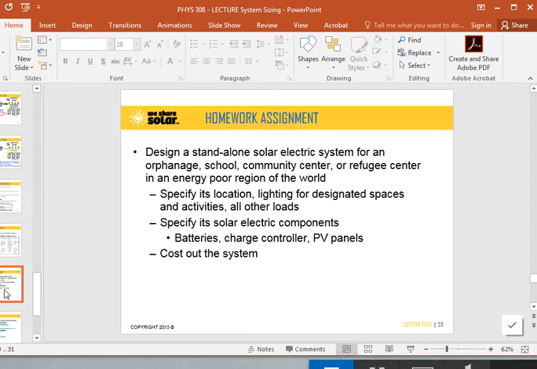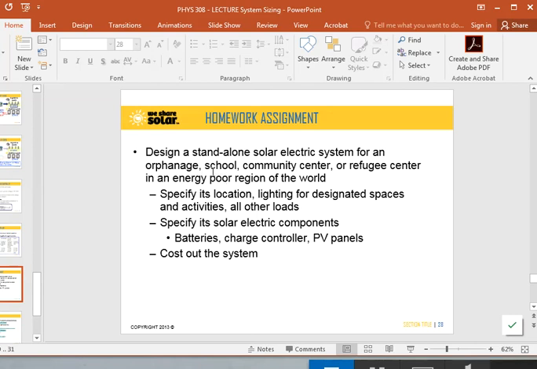Okay, so the homework assignment: you're going to be designing a standalone solar electric system for one of the communities or people that you have already decided on in your project proposals.